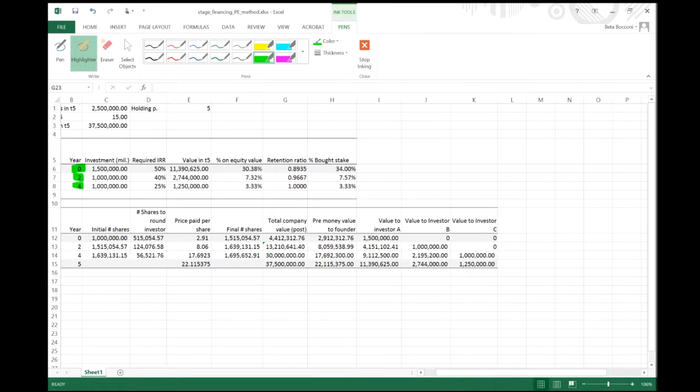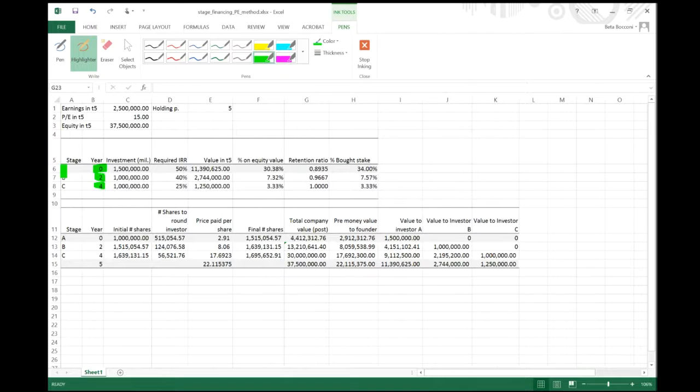We have the investments that are made by investor A, B, and C, and the rounds of financing, 1.5 million, 1 million, and 1 million. The required IRR of 50%, 40%, and 25%. And the three values that we have calculated in T5, corresponding to the three percentages of 30.4, 7.32, and 3.33.